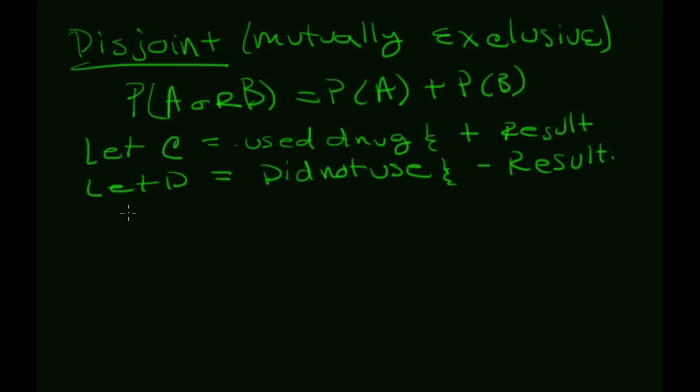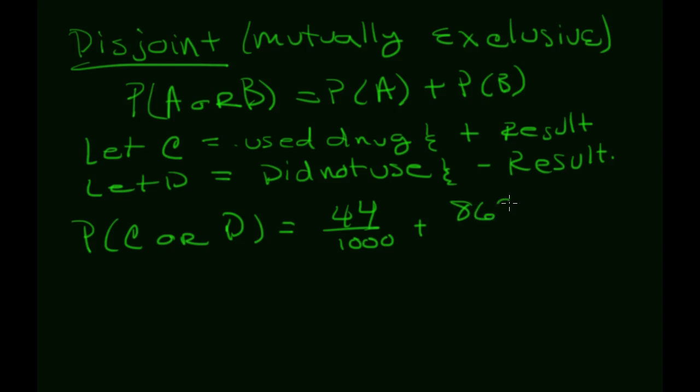So we want to know what is the probability of being in either C or D, right? So being in C, there are 44 out of 1,000 people that used drugs and got a positive result.